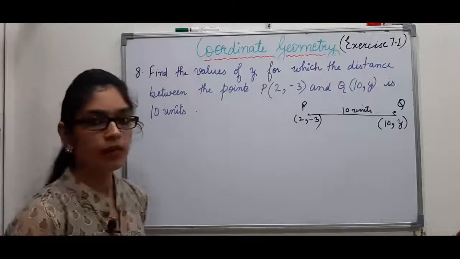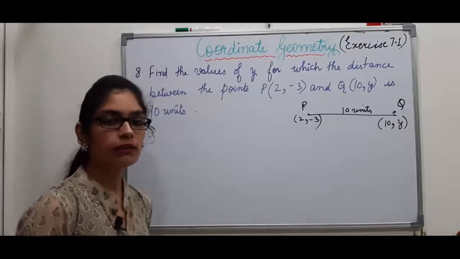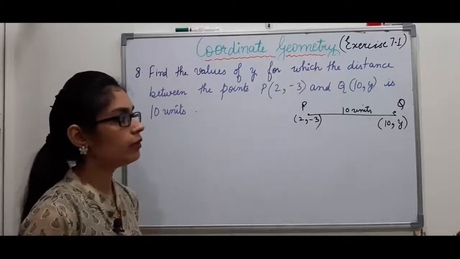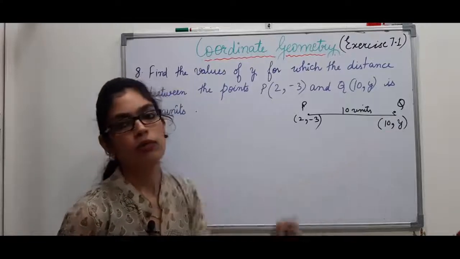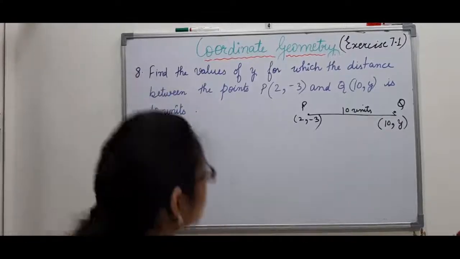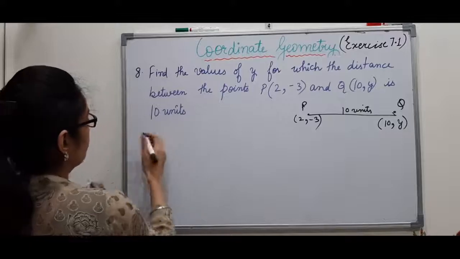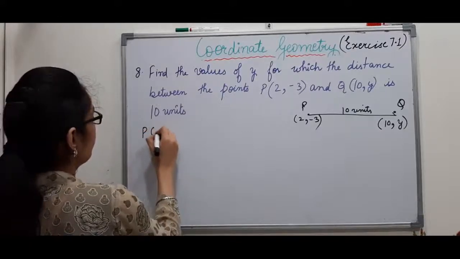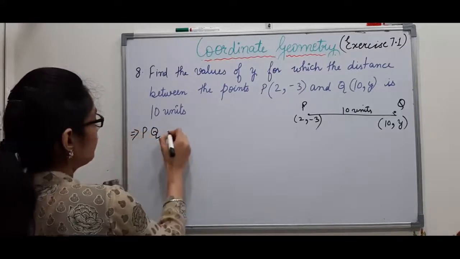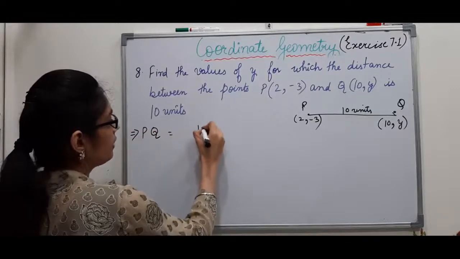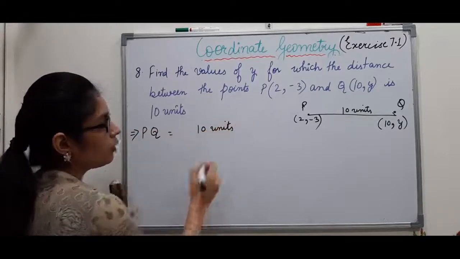So same way we have to proceed. We have to apply distance formula. Now distance is already given to us. We have to find the value of y. So let's start it. So PQ, I will write PQ, it is equals to 10 units because it is given.